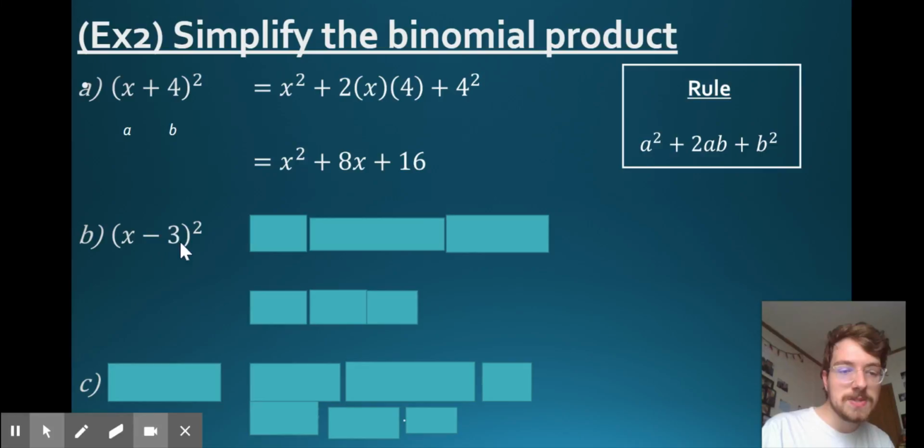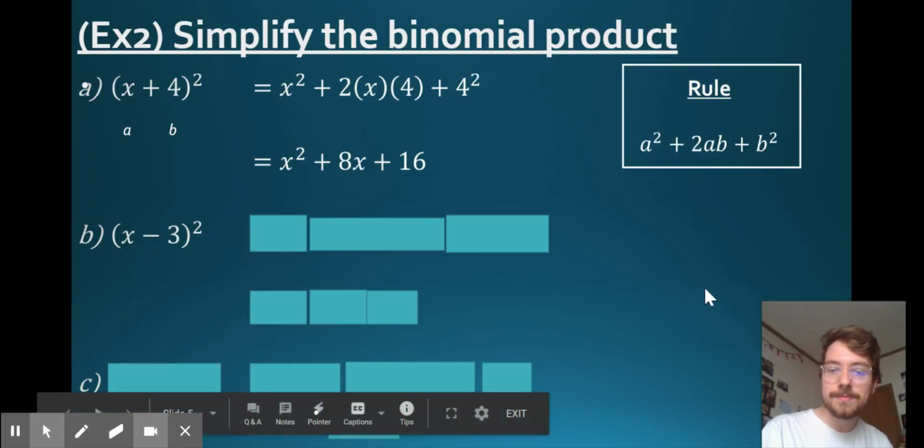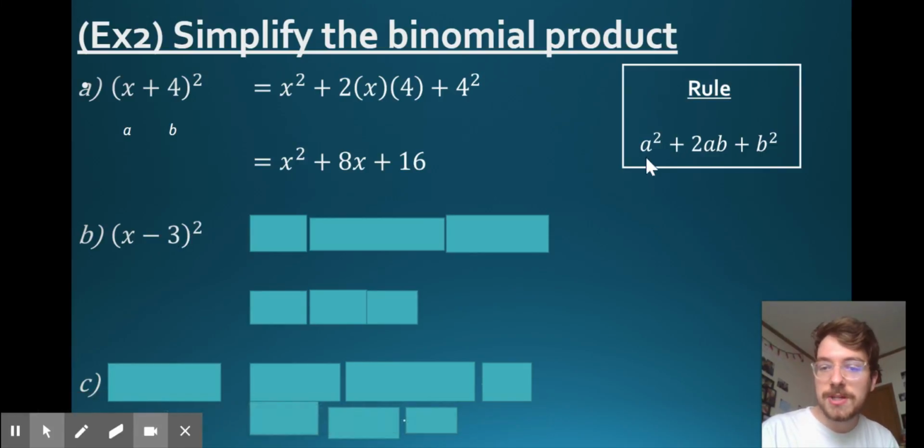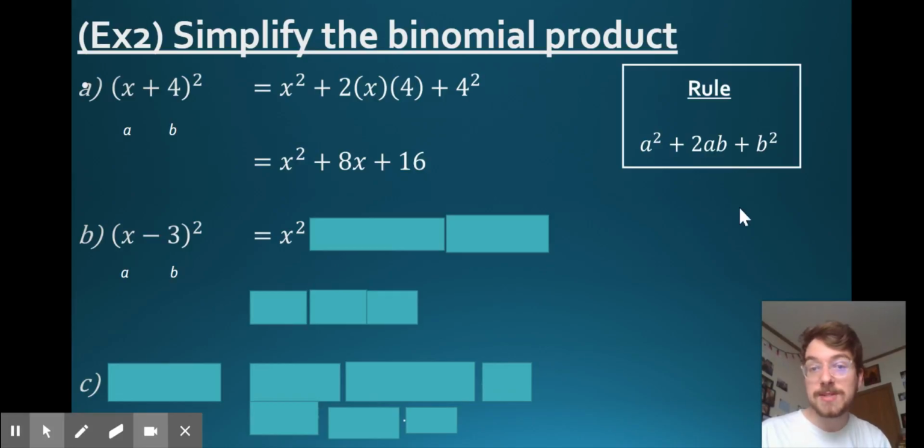Let's do x minus 3, that whole thing squared. Again, my first term, let's say x is our a term, and let's say this minus 3, or negative 3, is our b term. The first term in our rule says we have to square the a term. So I'm going to have x squared. Then in the middle, I have to take 2 times my a term times my b term.